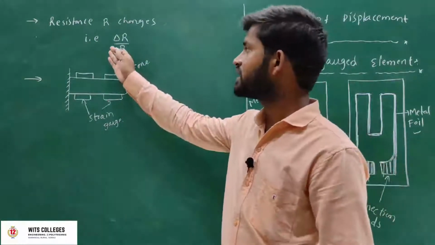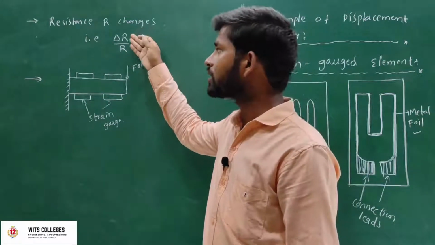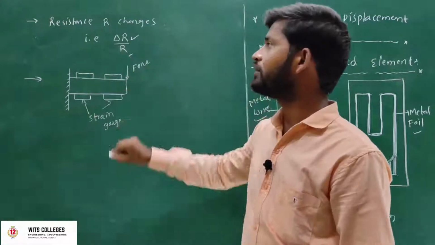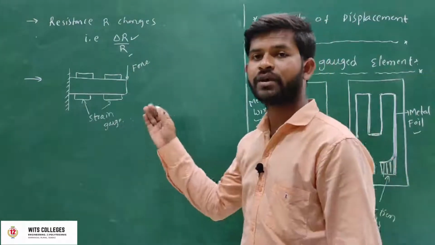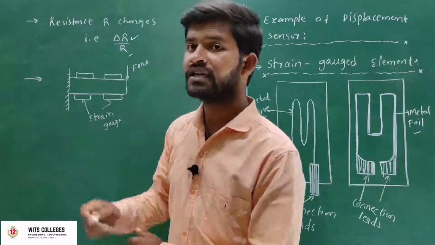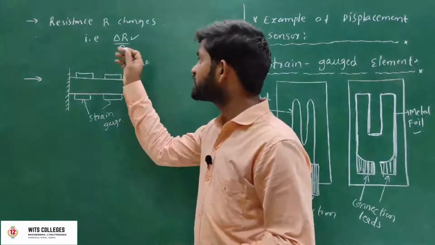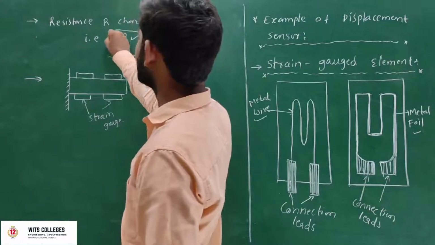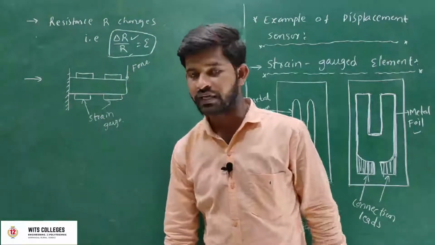That resistance change, delta R by capital R, is the change in resistance divided by the actual resistance. That is the fractional change in resistance, which is proportional to the strain.